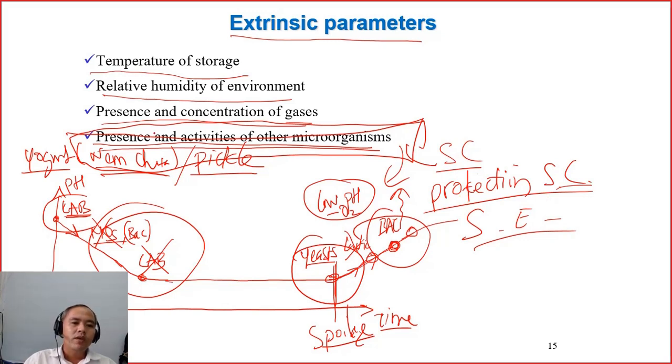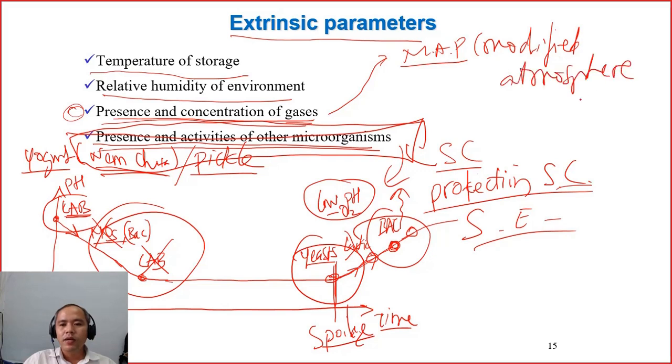Now, this parameter, the presence and concentration of gases, is applied in MAP. What is MAP? Modified atmosphere packaging. This is a packaging technology, công nghệ đóng gói thay đổi thành phần khí quyển. Okay.